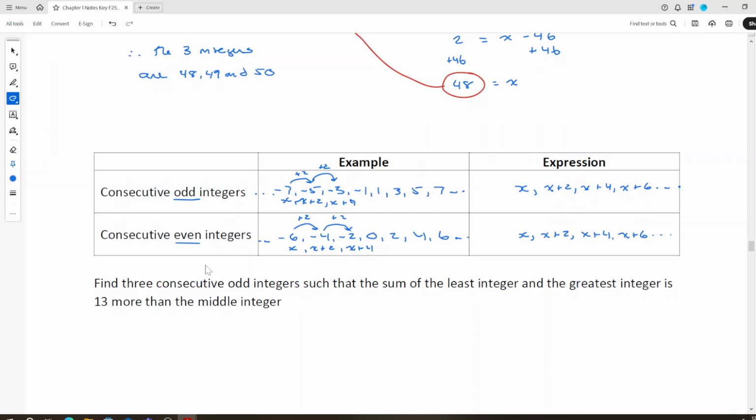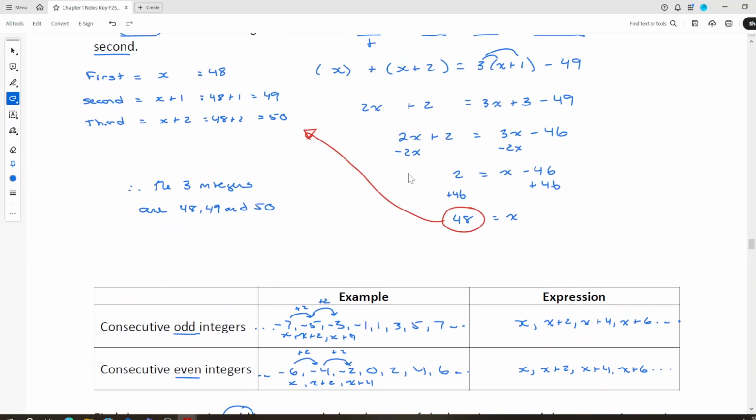So let's look at a question. Find 3 consecutive odd integers such that the sum of the least and the greatest is 13 more than the middle. So there are two differences between this question and the question before.